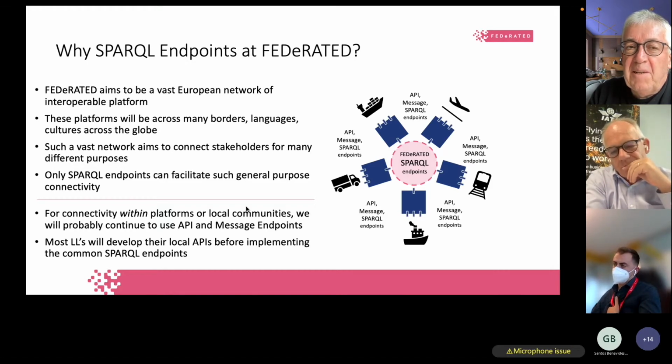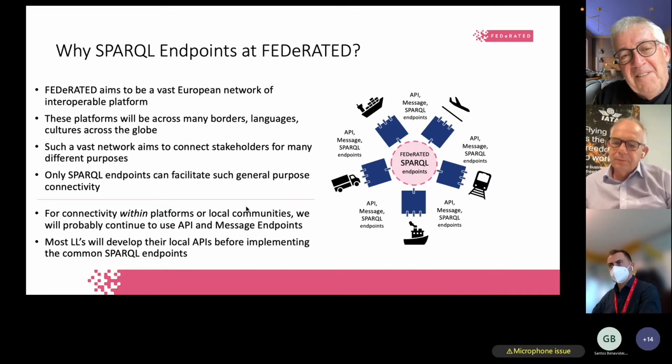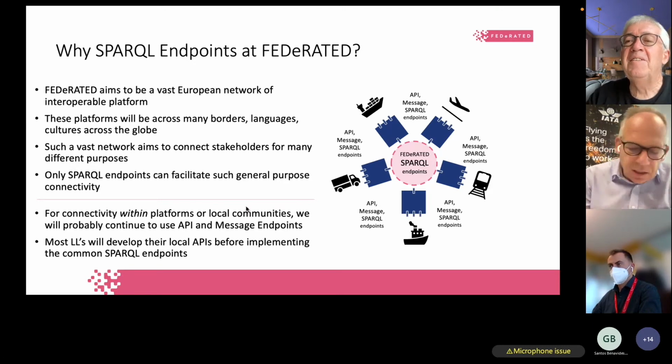When we have a very stable API and transactional environment where the owner of the data wants to control really what is happening, he's going to start with an API and then move to Sparkql, to an endpoint, when he gets confidence in what is happening with his data. Is that a good point of conclusion? Yes, you're absolutely right.